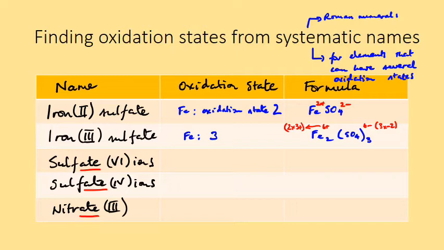And the sulfate 6, the Roman 6, refers to the oxidation state of the sulfur, because the oxygen always has an oxidation state of -2, apart from those 2 exceptions we've been through. So we're talking about the oxidation state of sulfur, and that's going to have an oxidation state of +6.